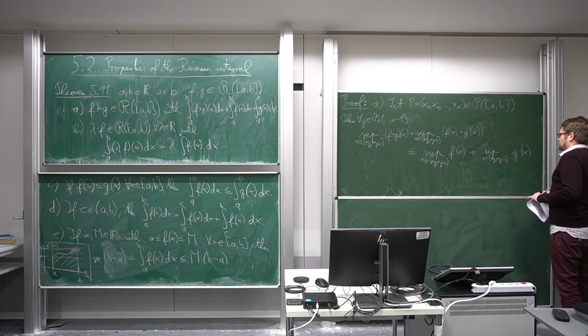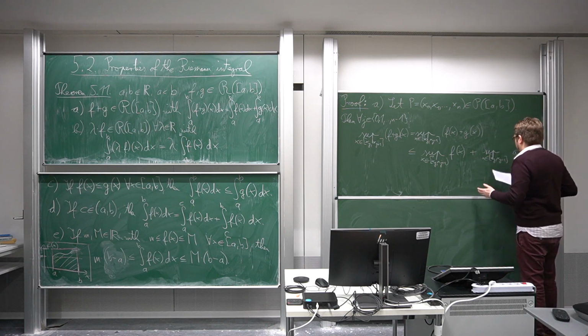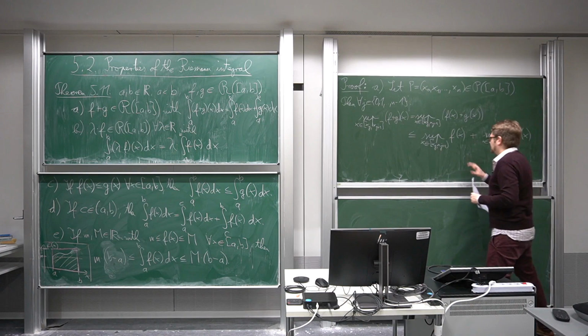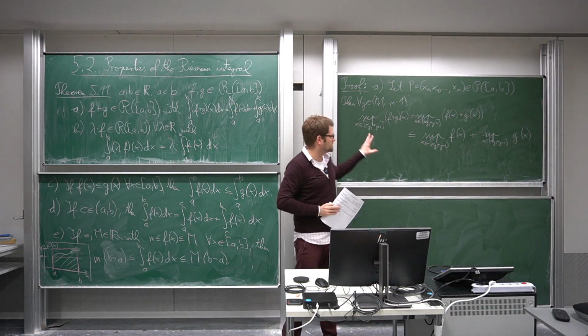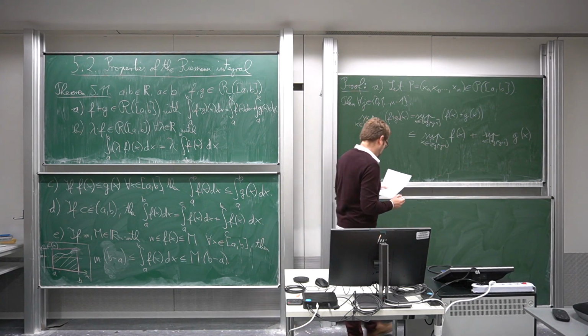And to compute the supremum, we could have different values here. This is not really a proof, I'm a bit hand-waving here, but this is enough, because I don't want to go into messy details with supremum at this point.